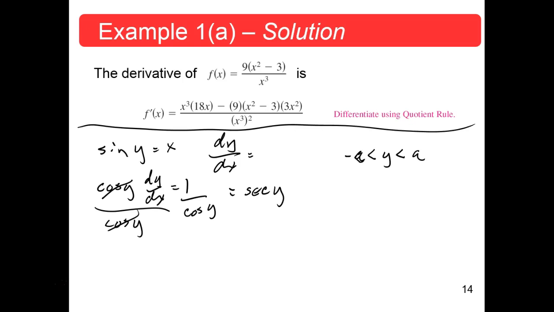We basically just said that. You can choose any of them, but the most convenient one would be what? Negative pi halves less than y less than pi halves. Okay? It's defined everywhere in there, nowhere else.